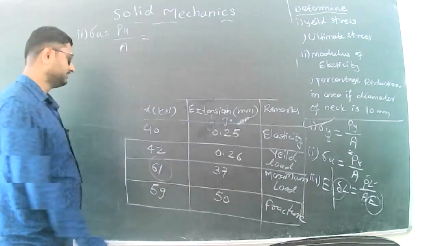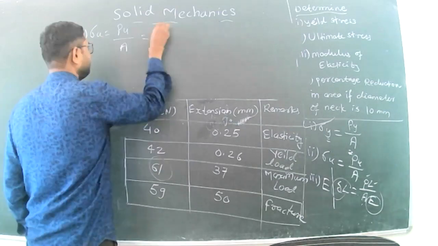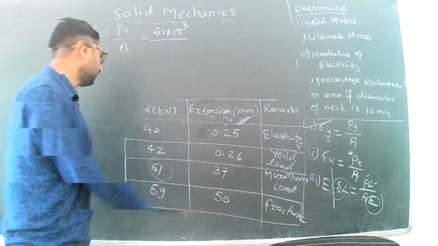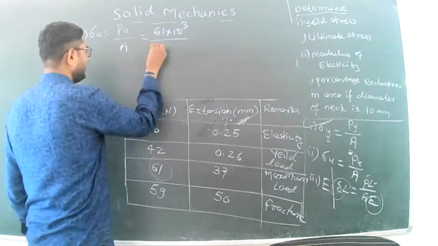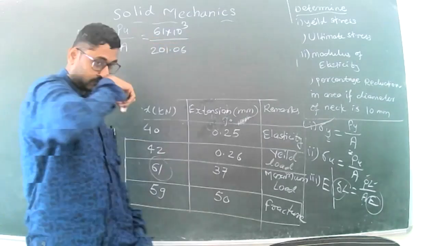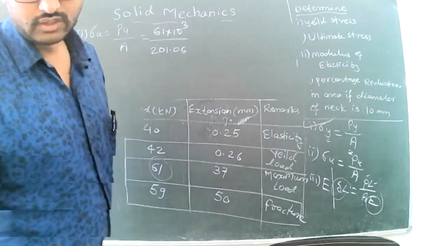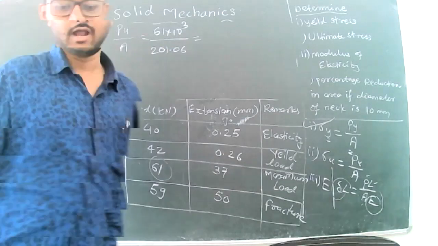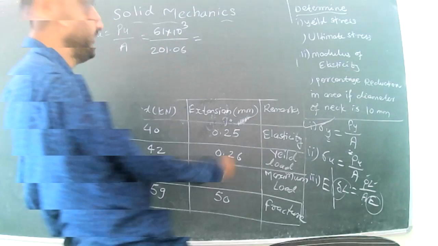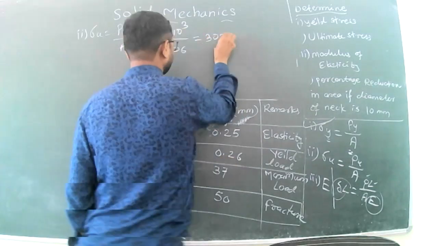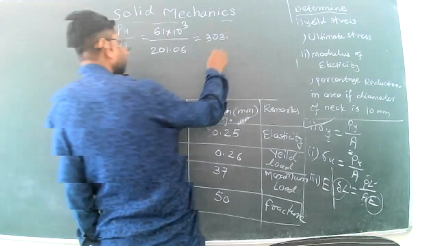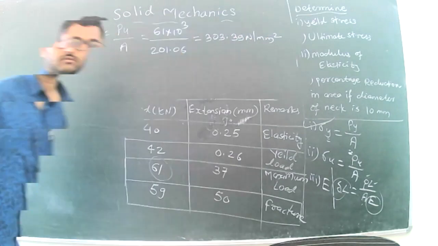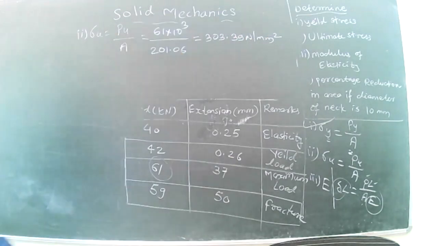Ultimate load value is 61 into 10 raised to 3 Newton. So 61 into 10 raised to 3 load upon area, which is 201.06, that we already found. By calculation, this ultimate stress is equal to 303.39 Newton per mm square.